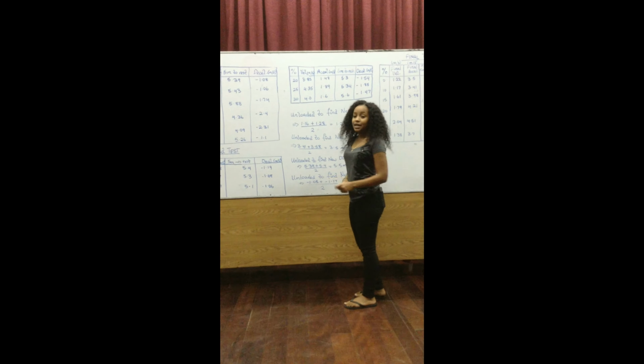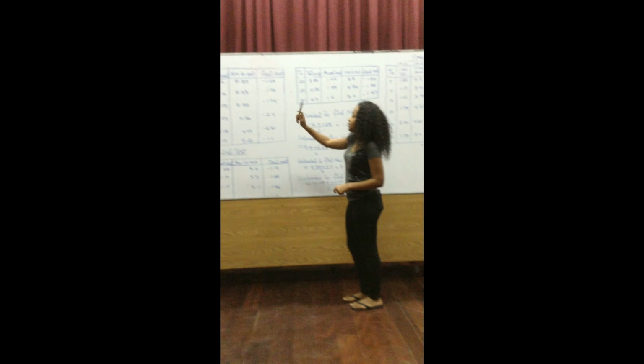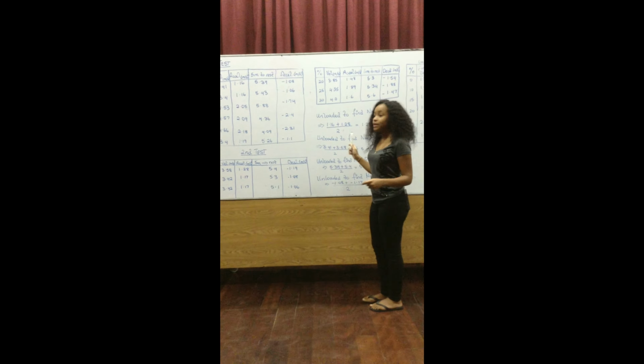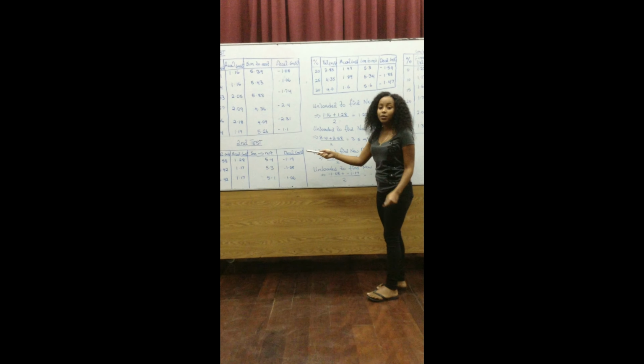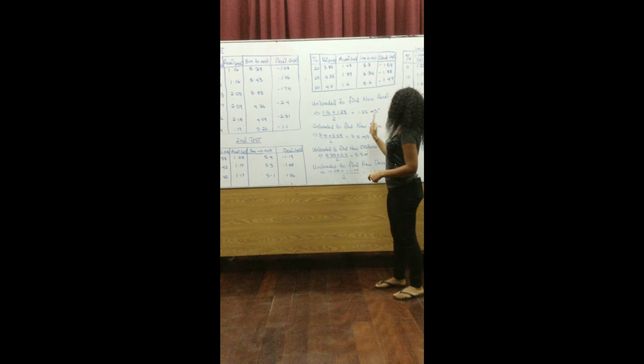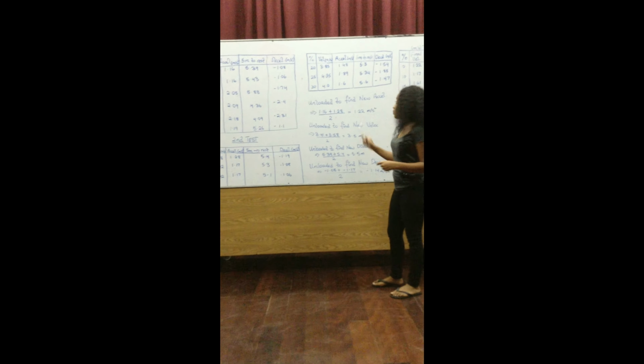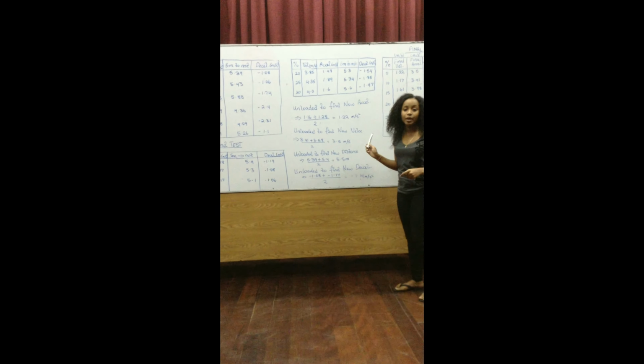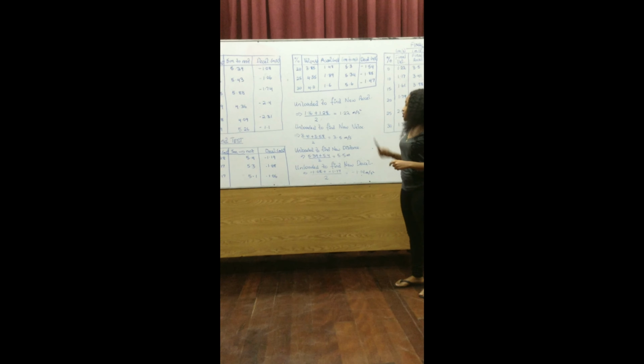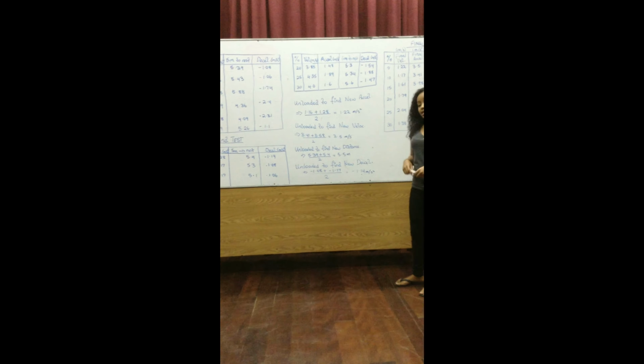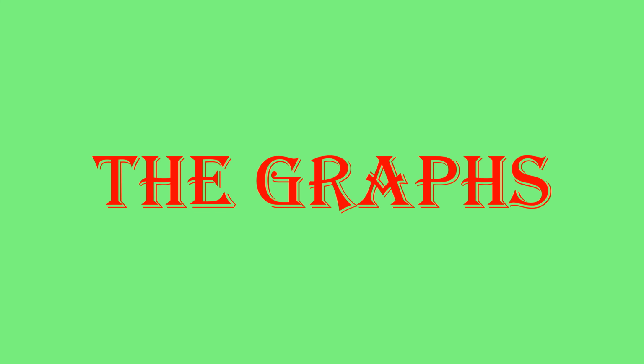For our new acceleration, we use the value from the first table, which was 1.16, plus 1.28 from our second table, as you can see. And we divided it by 2 in order for us to get 1.22 meters per second squared. We did the same thing for the new velocity, the new distance, and also the new deceleration.